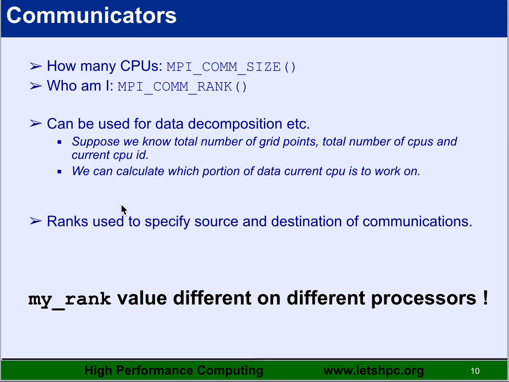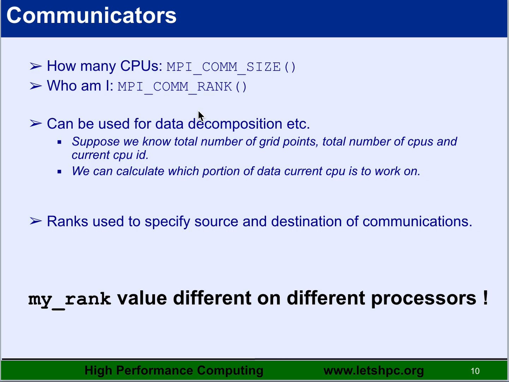So we can always calculate which portion of data can be associated with the current CPU. Suppose you have n grid points and the total number of CPUs is 10. You can divide the total data among 10 CPUs, and each CPU is going to get n/10 amount of work, and you exactly know which part of the data is going to go into which process, because you know the rank.